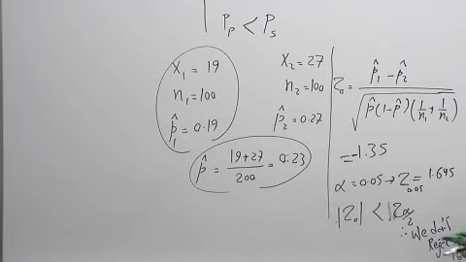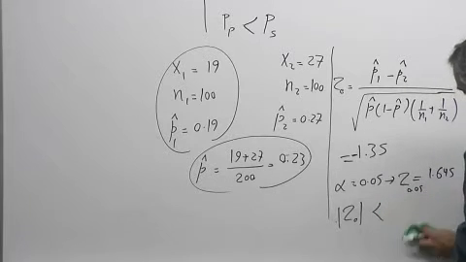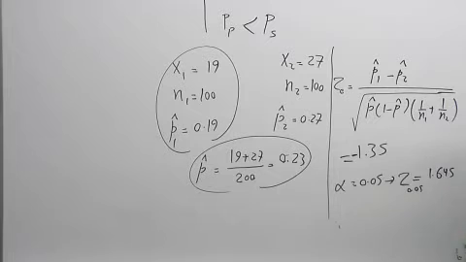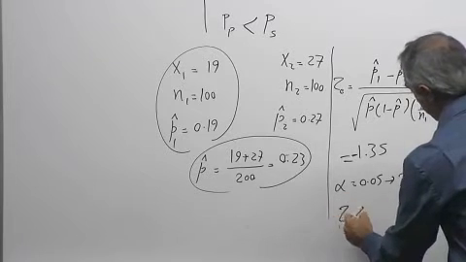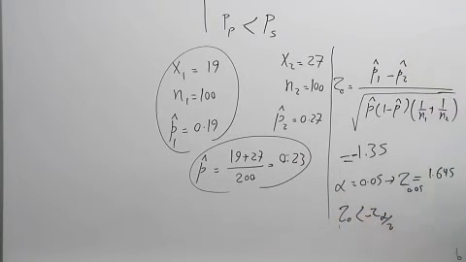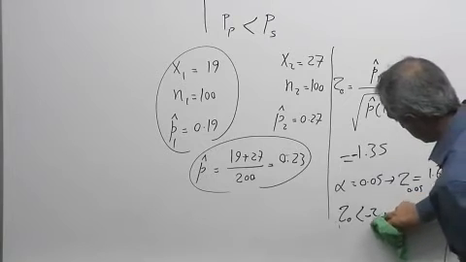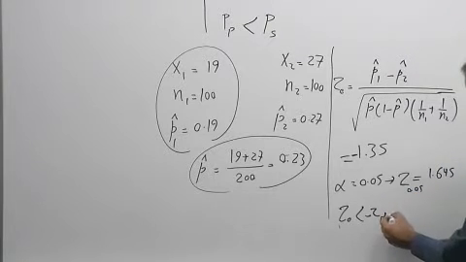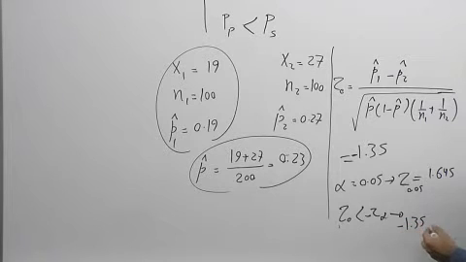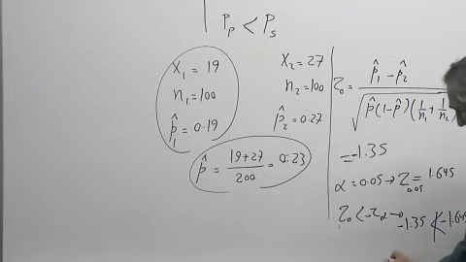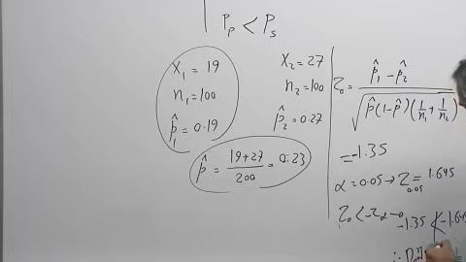And you compare it with, if it is less than, you compare it with minus Z of alpha. In this case, this is not less than this. Therefore, we do not reject. The conclusion doesn't change.